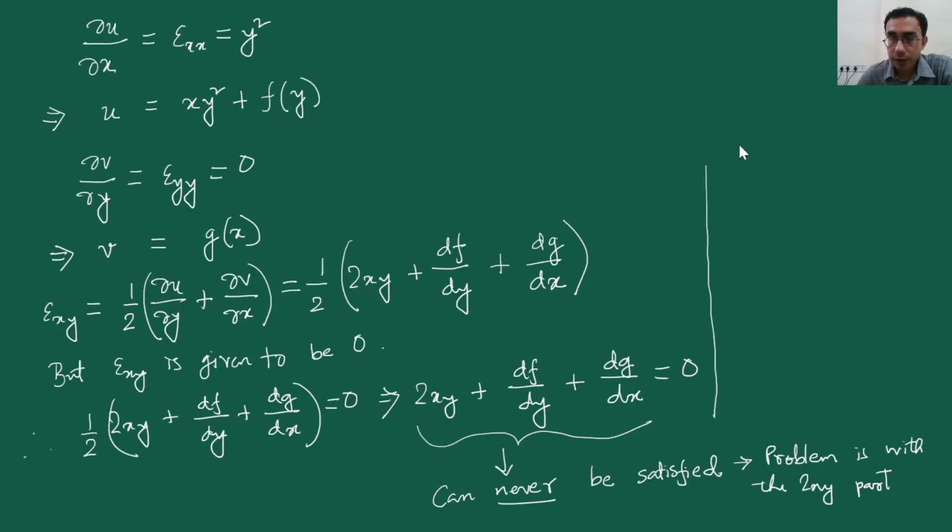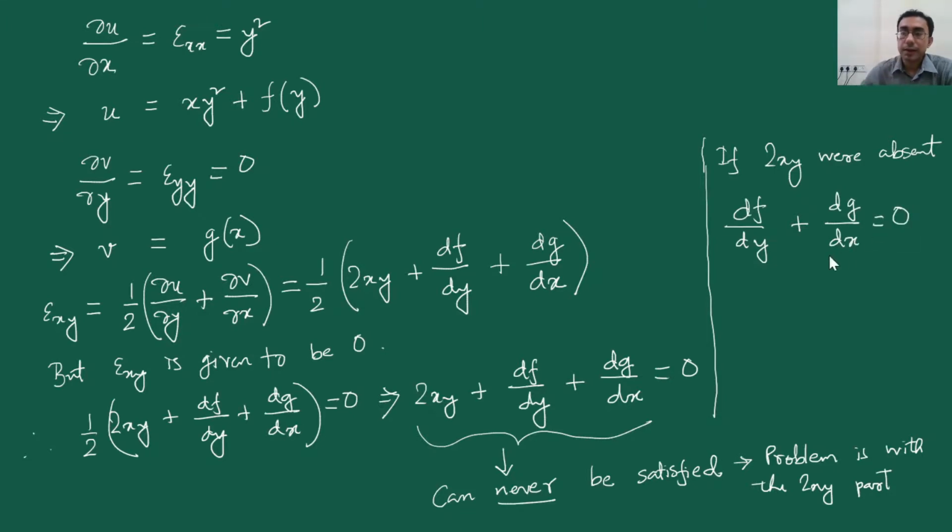If twice xy were absent, then the equation you have in your hand is df dy plus dg dx is equal to 0.